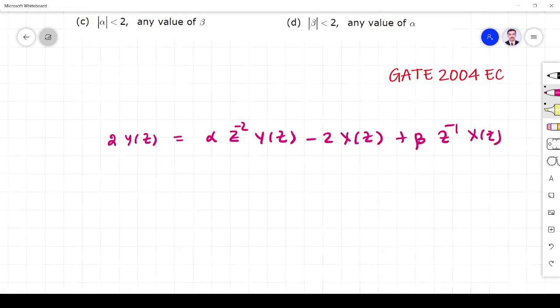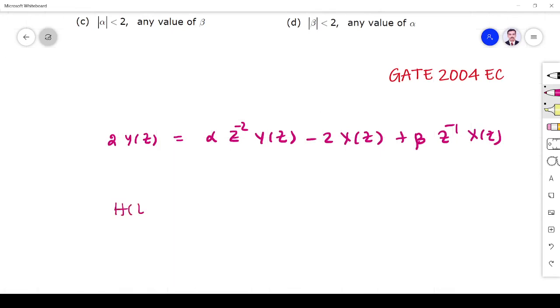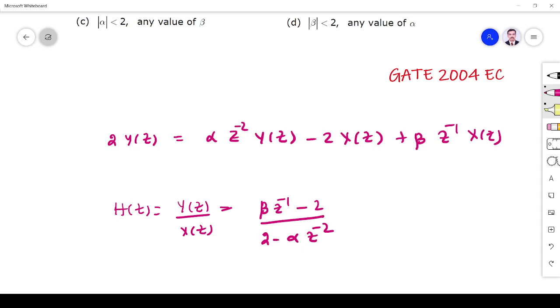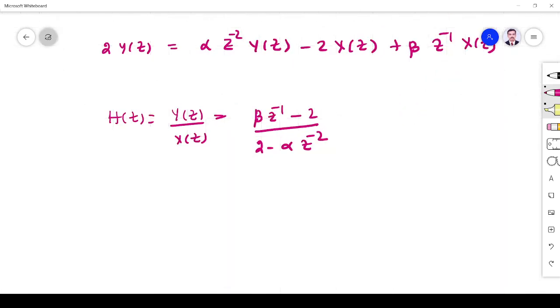So if you find H of z, which is nothing but Y of z divided by X of z, and simplify this, what you get is beta z power minus 1 minus 2 divided by 2 minus alpha z power minus 2. I remove all the minus powers, make it plus.